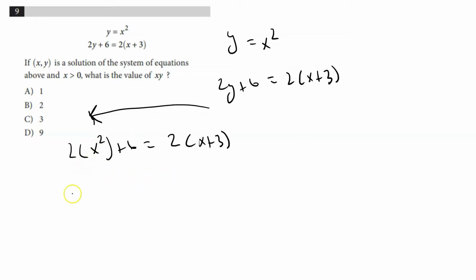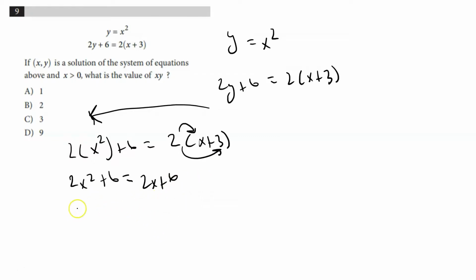So if we distribute this out here, 2x squared plus 6 equals, well, I want to also distribute this side out too. So expand out, 2x plus 6. So we have 2x squared plus 6 equals 2x plus 6.